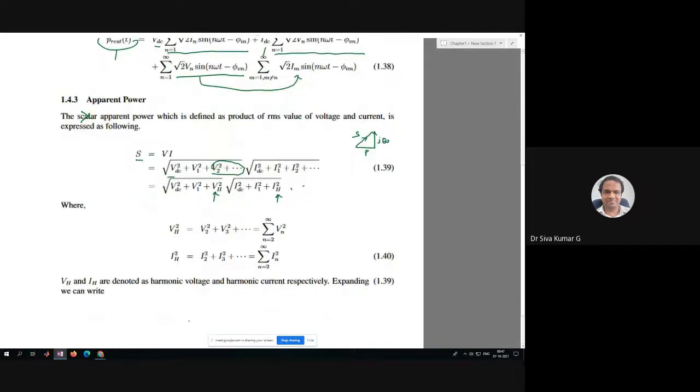Why we write this sort of equation is that we are explicitly expressing the apparent power in terms of the THDs of current as well as the THD of voltage. In order to express the apparent power in terms of the total harmonic distortion of the current and total harmonic distortion of voltage, we are expressing the apparent power S in terms of this particular I and this particular V.